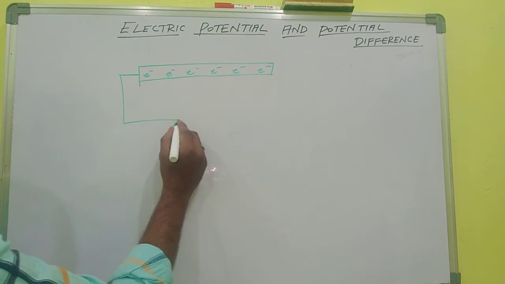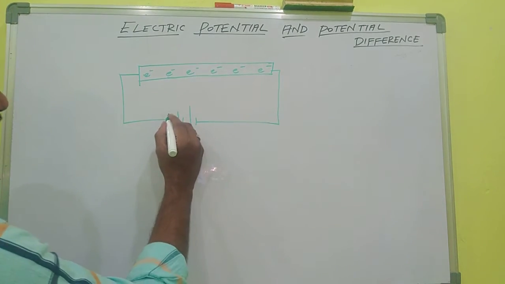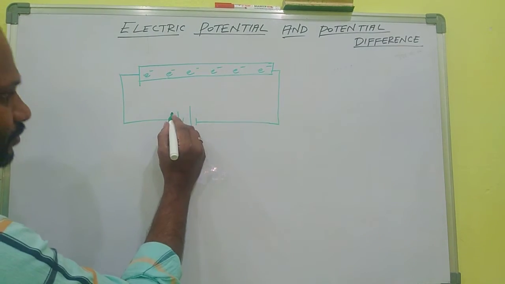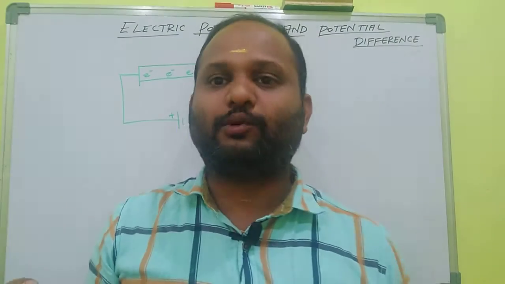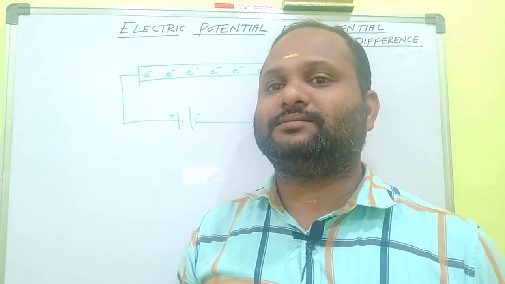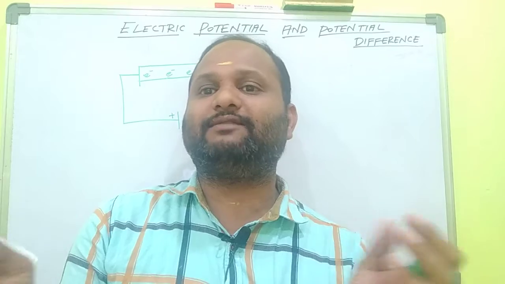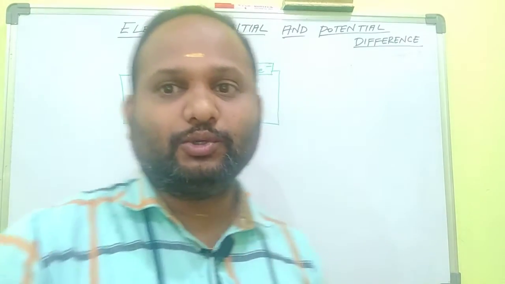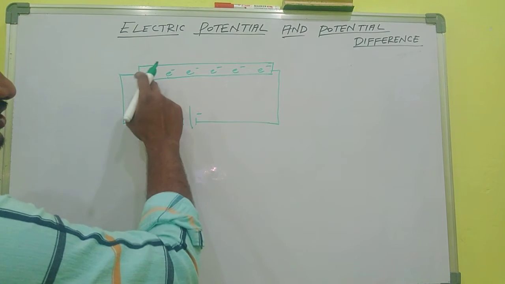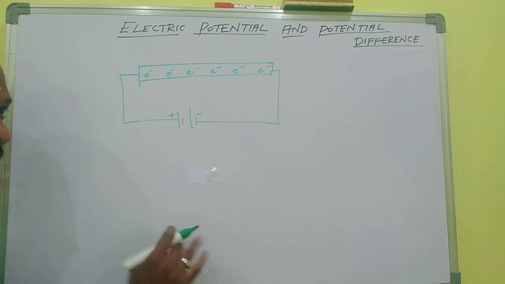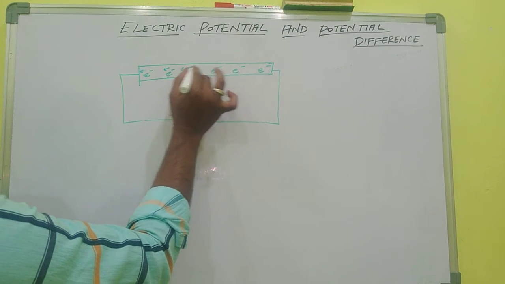When this wire is connected to a battery, which provides potential difference, likewise to pressure difference, the battery or cell provides potential difference. Due to the pressure difference, water flows from one end of the tube to the other end. Likewise, due to the potential difference, the electric charges move from one end to the other.